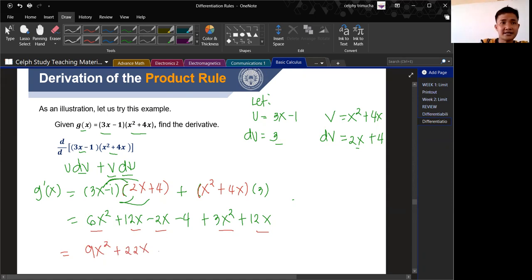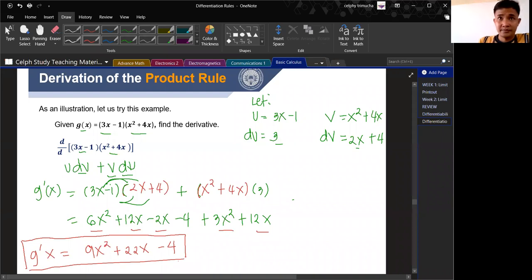Then minus 4. So 9x squared plus 22x minus 4. So this now will be ato nga final answer, so this will be g prime x. So take note lang of the equation nga kailangan gamiton, so we have u dv plus v du.